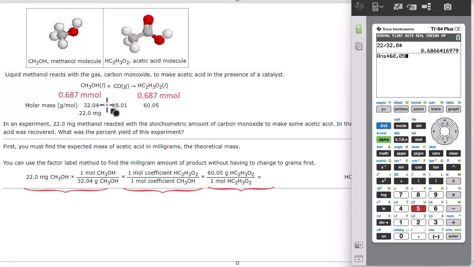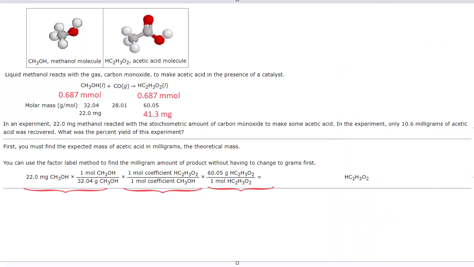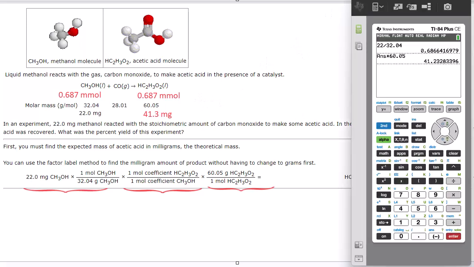In effect, it's the sum of these two molar masses, and that'll give us our 41.2 milligrams. Let me check that I rounded off correctly. Yeah, that really should be 2 there rather than 3, but 41.3 is going to be close enough.